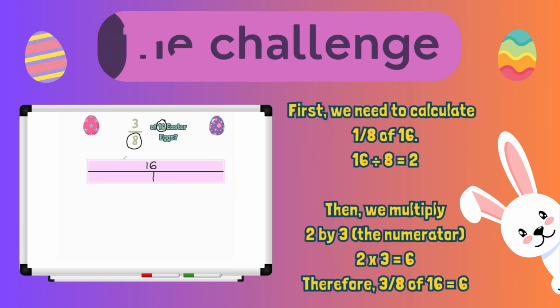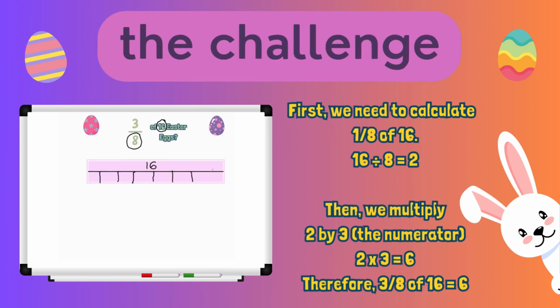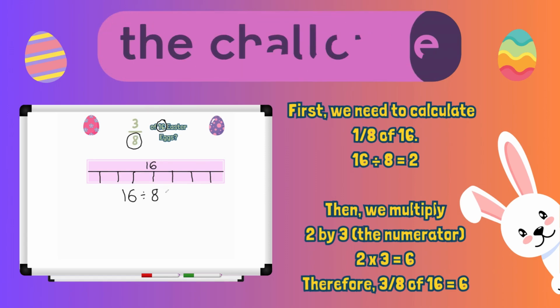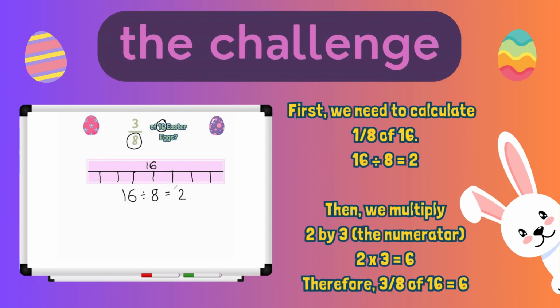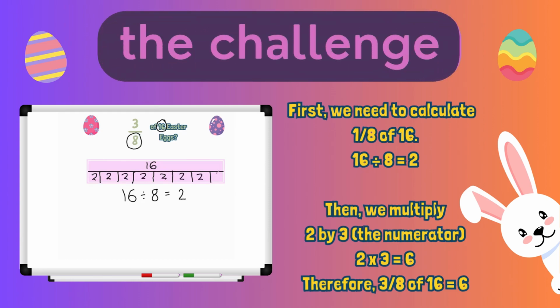So I'm going to do that by popping it in half and then into quarters and then into eighths. And we have 16, and we're sharing that or dividing it into 8 equal parts. And I know that 16 divided by 8 is 2, because 2 multiplied by 8 is 16. So now we can fill in 2 into all of those parts.